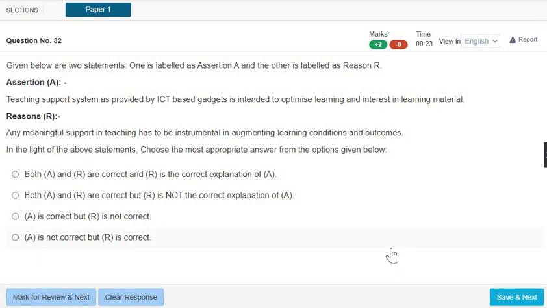Teaching support systems provided by ICT-based gadgets are intended to optimize learning and interest in learning material, and any meaningful support. So the answer is: both A and R are correct, and R is a correct explanation of A.